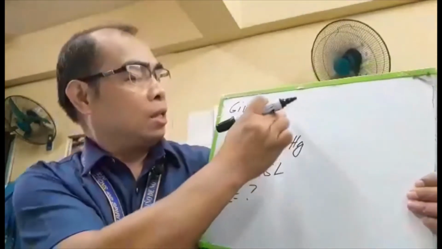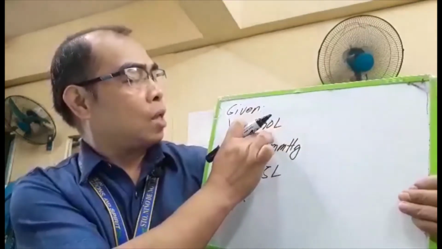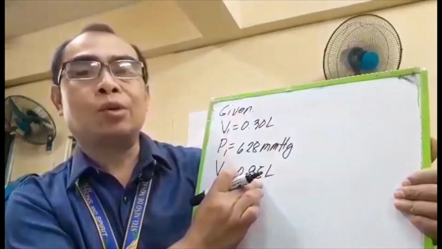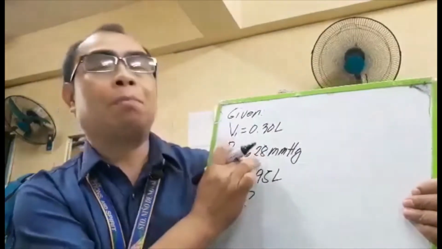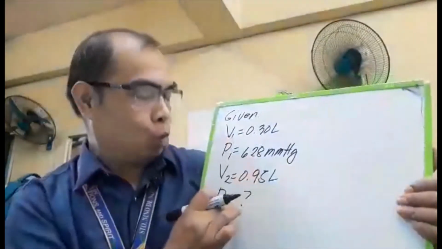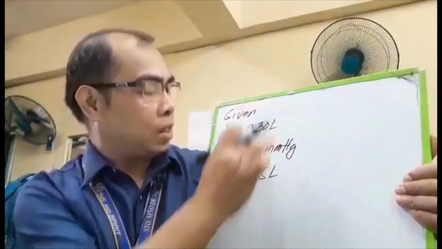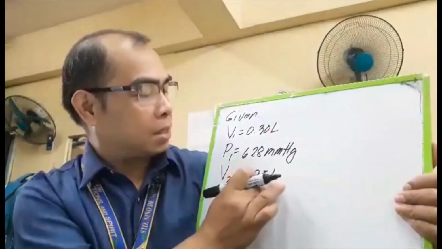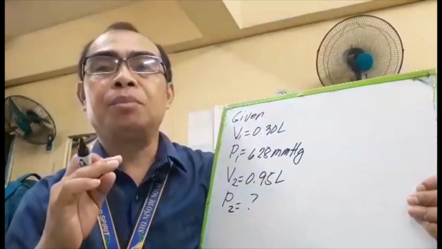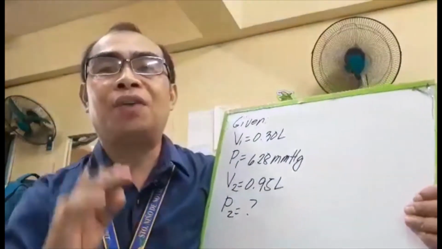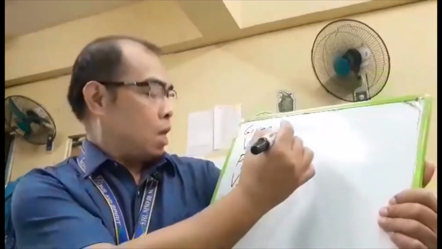Always remember, from V1, the volume increases. Let us see what will happen to the final pressure. As we see that the volume increases, we know that in Boyle's law, the pressure is inversely proportional to its volume.